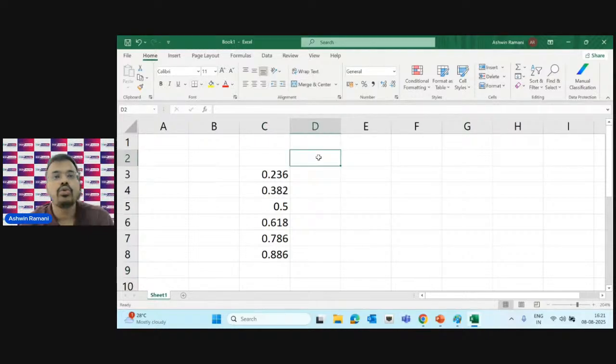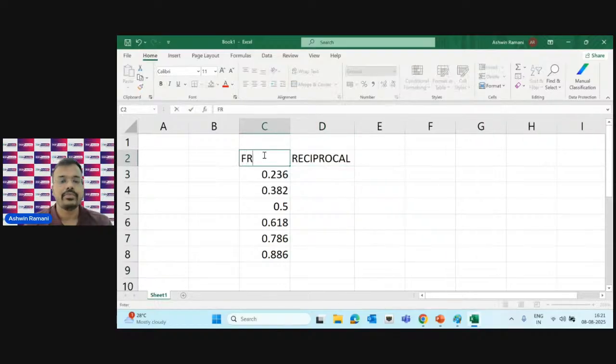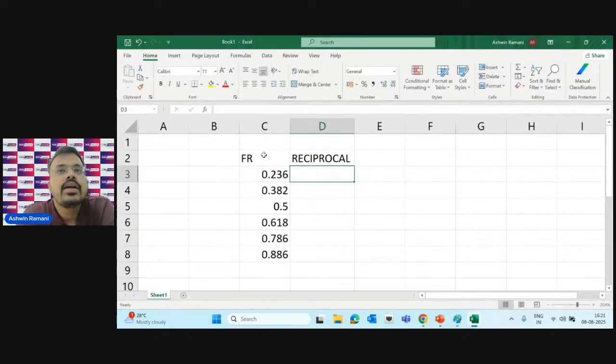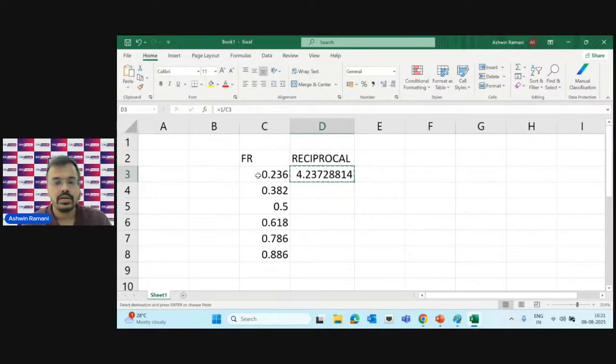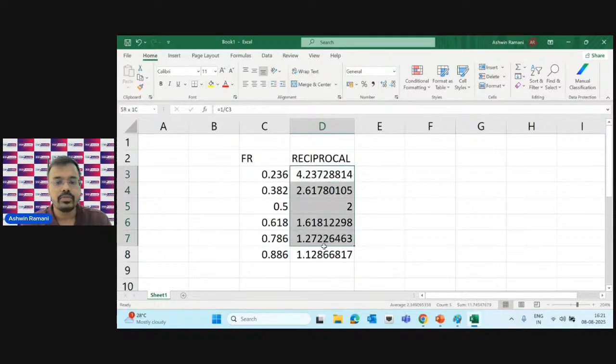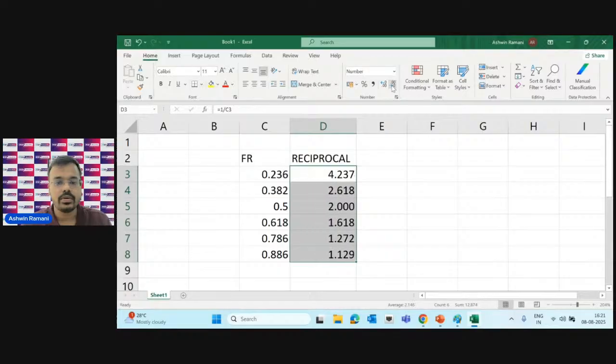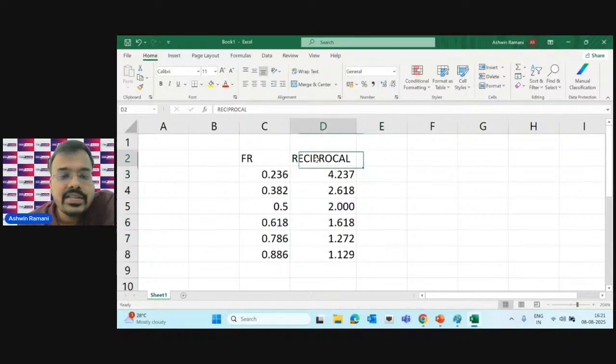So how do we get the reciprocal, guys? आपको याद है हम reciprocal कैसे ढूंढते हैं numbers का? So these are the Fibonacci retracement numbers. 1 divided by, can I say 1 divided by this? If I do, I'll get the reciprocal and I'll just copy paste it here. Okay, and इसको मैं 3 digits I'll do. Correct, guys?